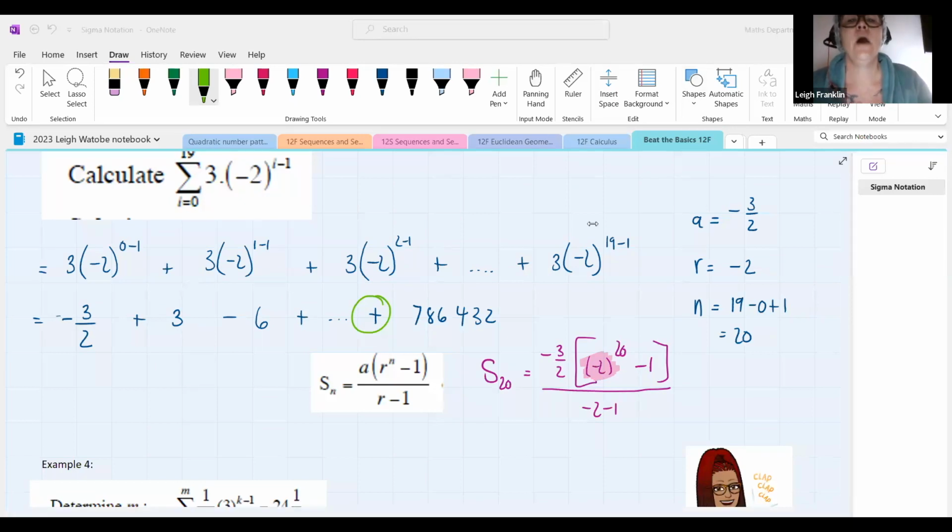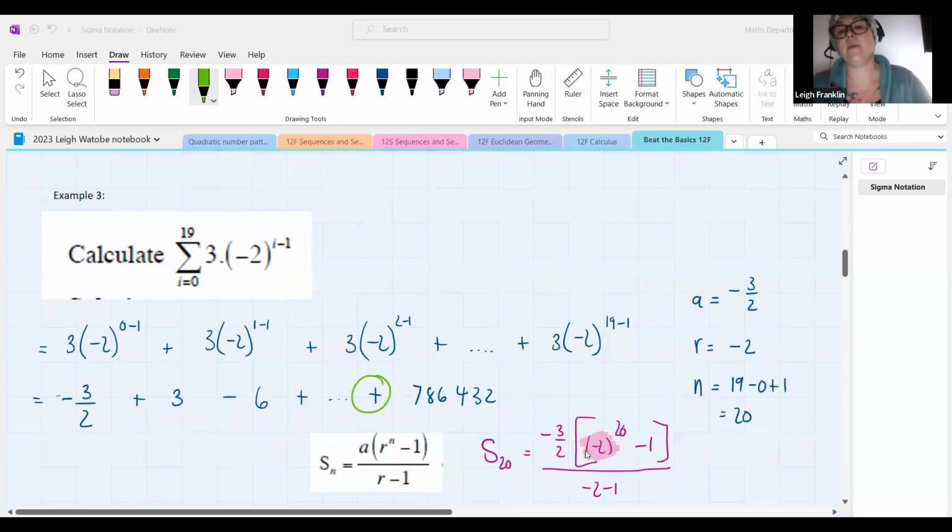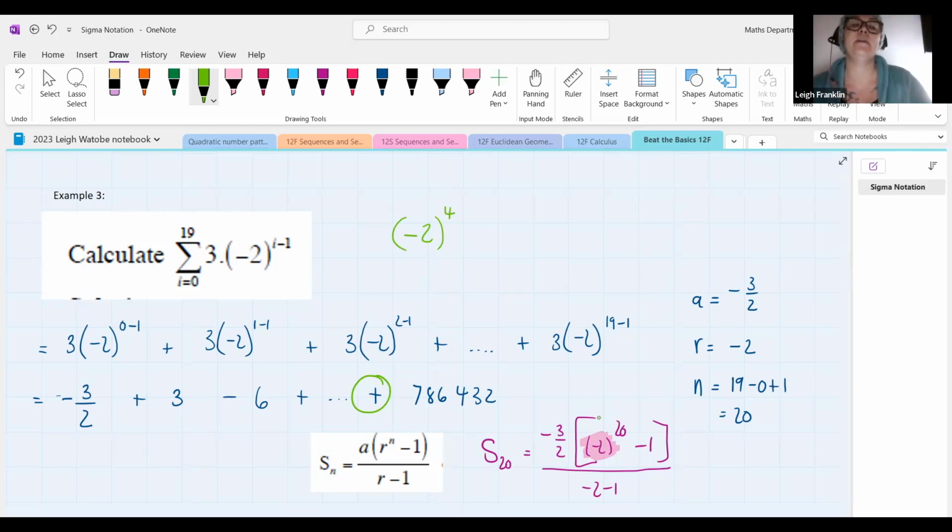No. Okay. So, Linda, to answer your question, what you were asking about is actually what I was trying to say when I was talking about putting this -2 that I've highlighted in pink. Look at this. If you put -2 in brackets and raise it to the power of an even number, you're going to get a positive outcome, because a negative times a negative times a negative times a negative is a positive.